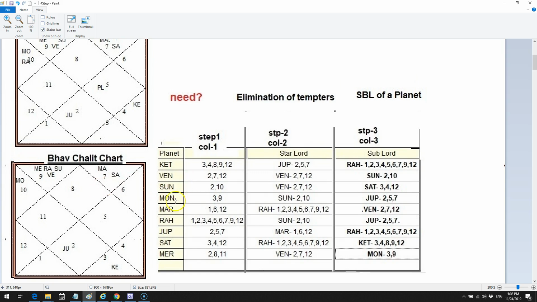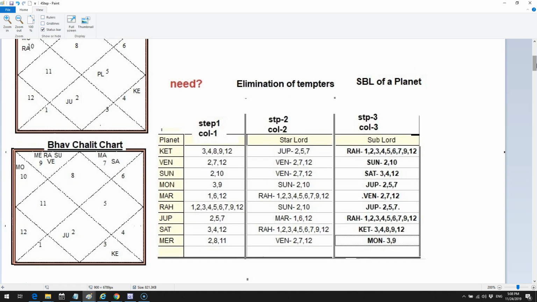Though from this chart you see the Moon is in the Sun star, so the Venus period would not be operating in her life, just imagine this is only for the sake of explanation. So here is the Bhavchalit chart, and we are assessing it from the point of view of marriage, assuming the marriageable age is going on and the Venus Dasha is operating.